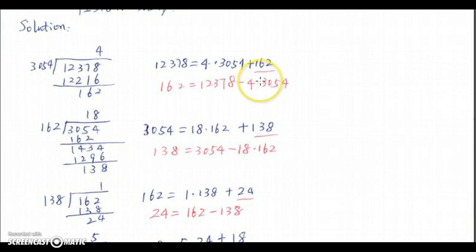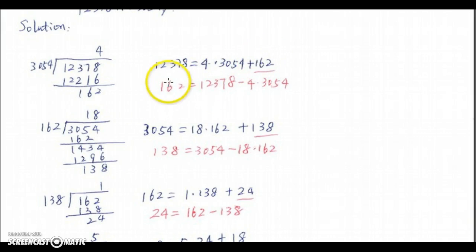For example, if we try to buy a big TV, and each one costs $3,054, we can only buy 4 of them, and we have the remainder left if we're not considering tax.